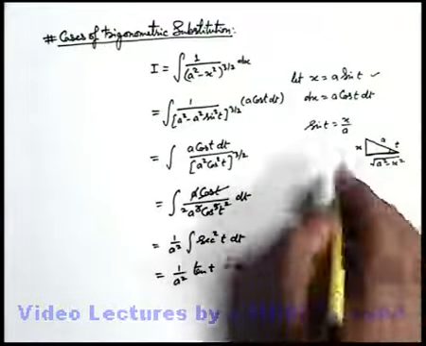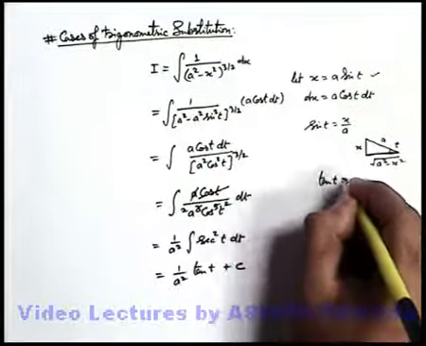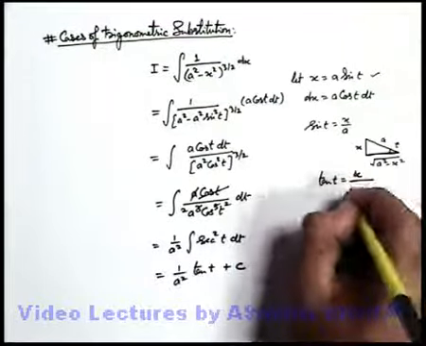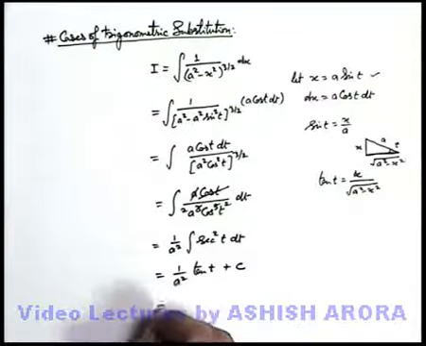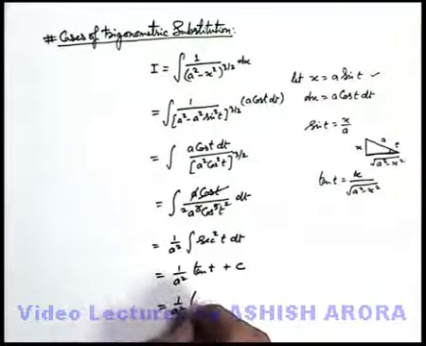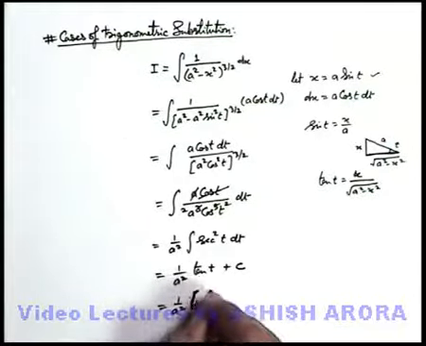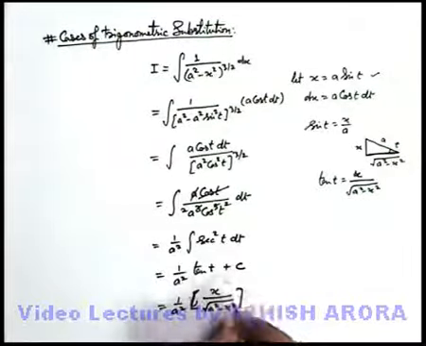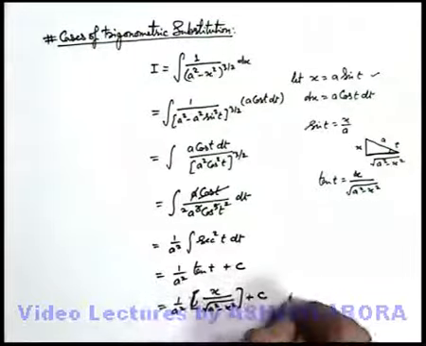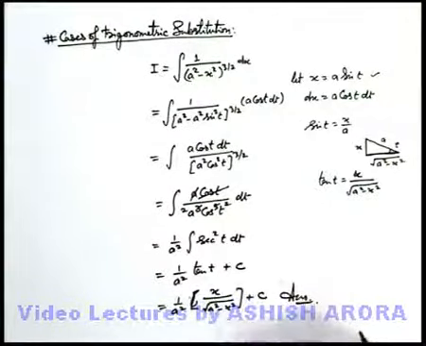So if sin t is x by a, we can get the value of tan t, which is x divided by root of a square minus x square. If we put it here, the result will be 1 by a square, tan t we just substitute as x upon root of a square minus x square, plus a constant. This will be the answer to this question.